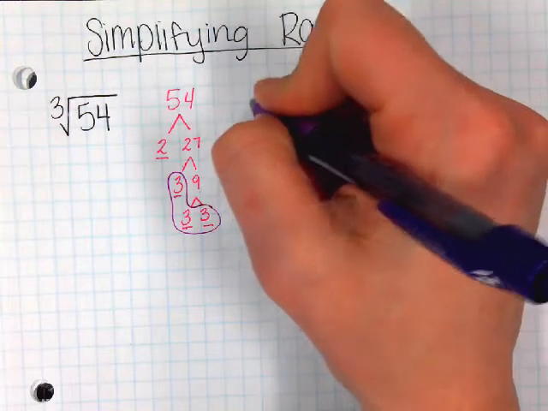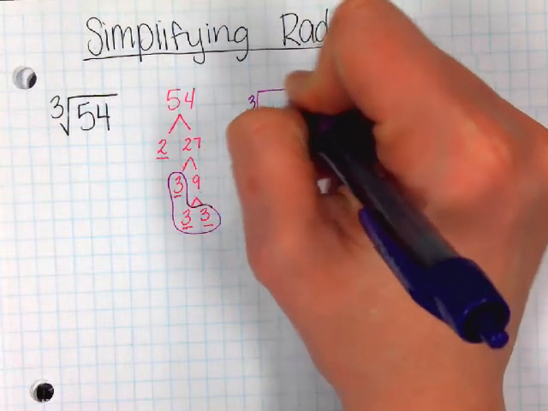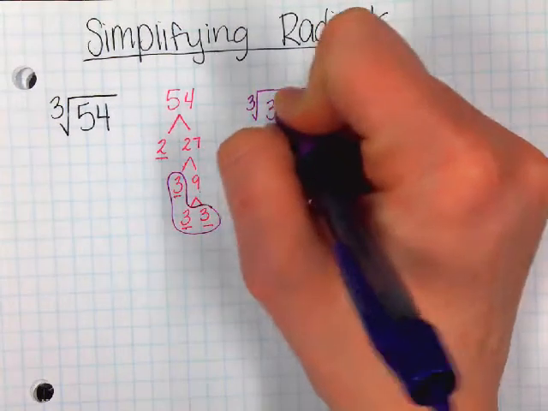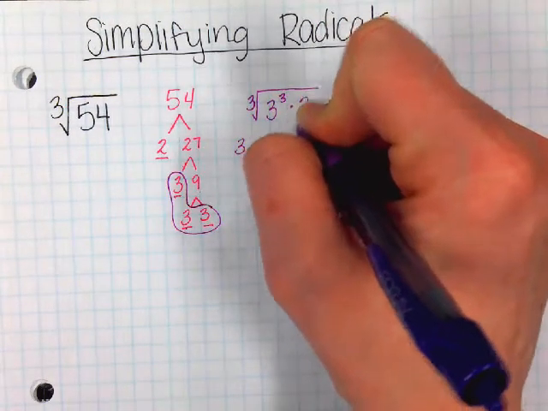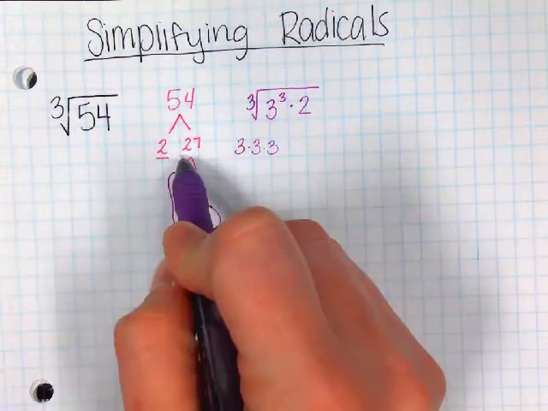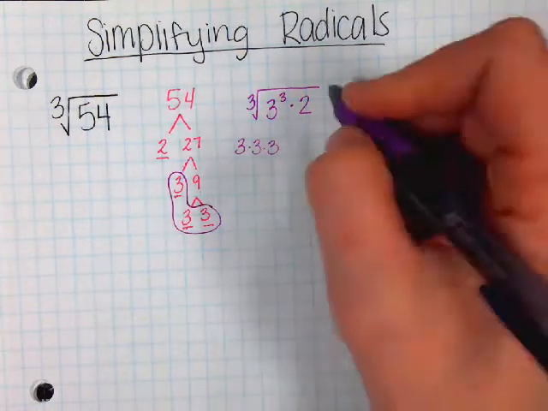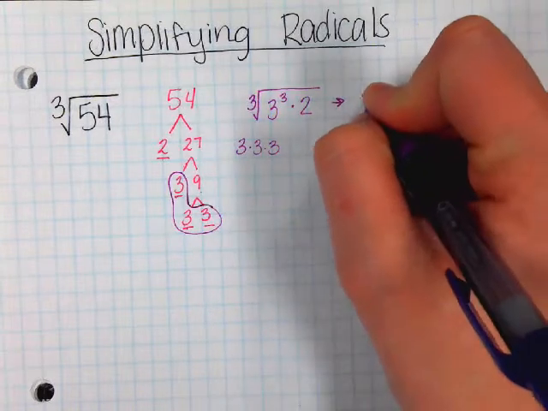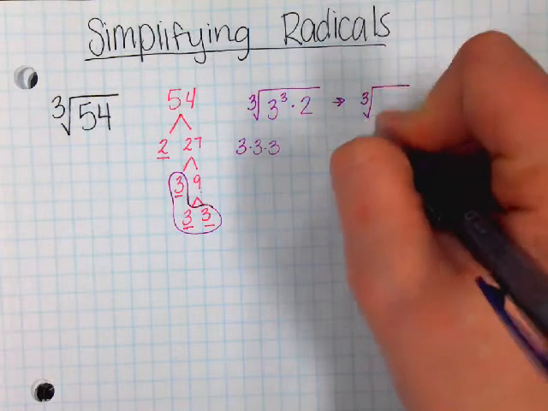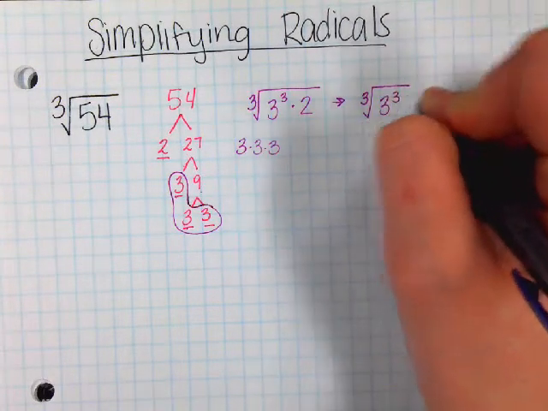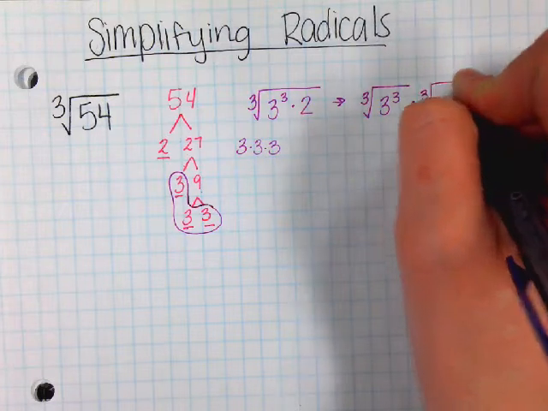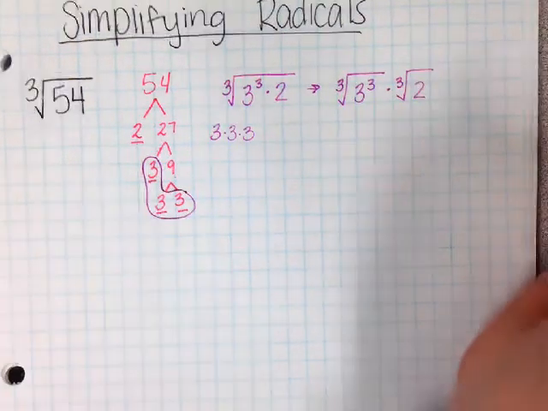So you can write this in 2 different ways. I'm going to say 3 cubed times 2. Remember, 3 cubed is 27, times 2 gave us the 54. And then you can write the third root of 3 cubed times the third root of 2.